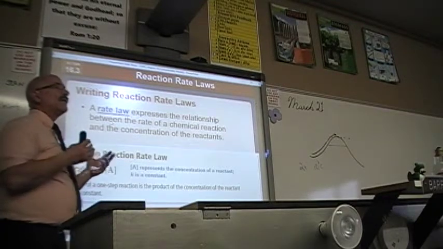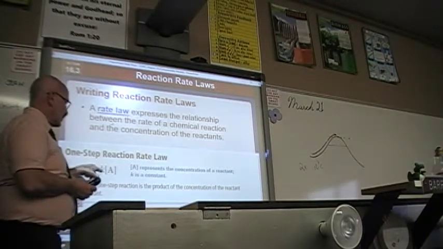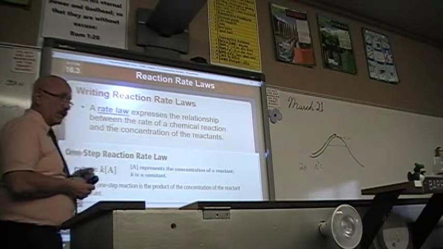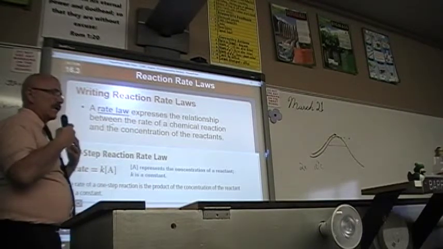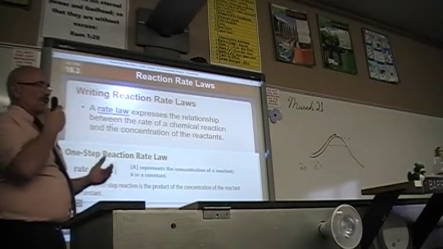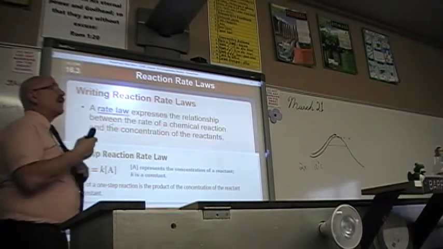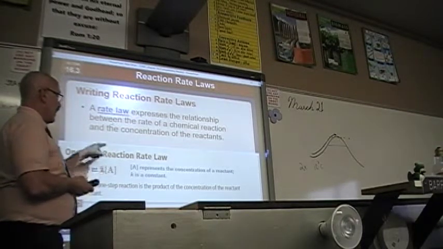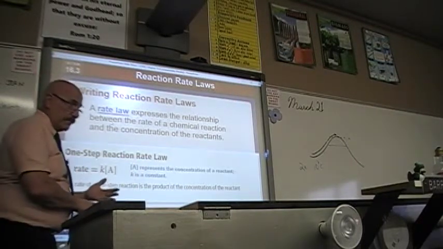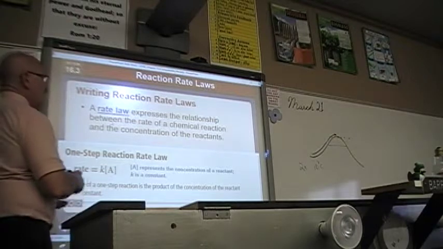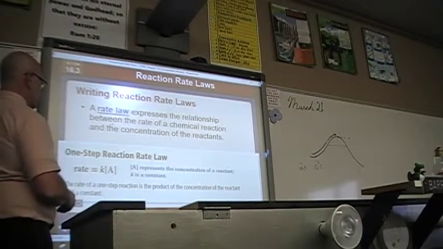And write this down: this K is only determined experimentally. There is no law; you have to literally either do the experiment or look it up in a book of somebody who's done that experiment to figure out what K is. And then A is the concentration, like in molarity, of a reactant.